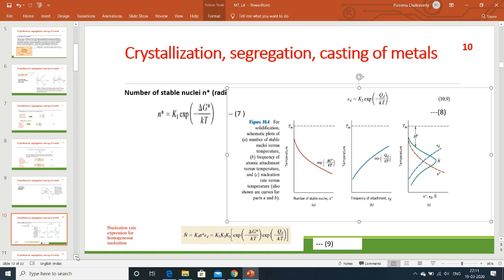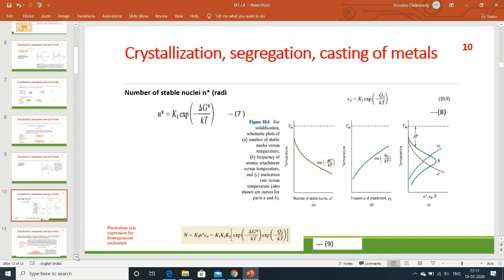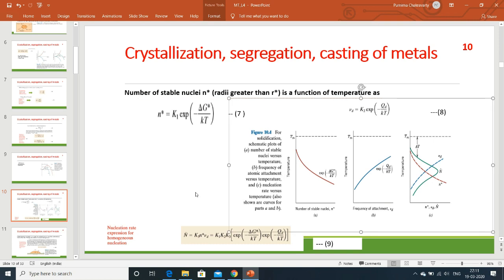So this is our conclusion about homogeneous nucleation: the rate of homogeneous nucleation first increases and then slowly decreases, and del T is our required cooling.